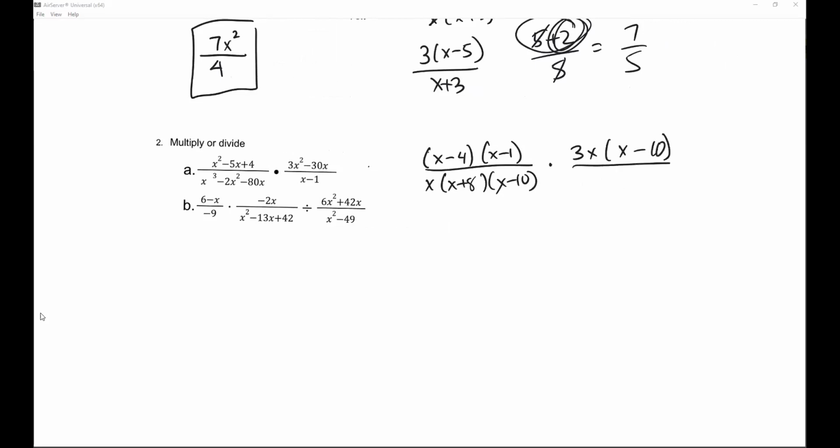Okay, so you could cancel these out. You cancel them as a quantity. So you cancel out the x minus 1s. You cancel out the x minus 10s. You cancel out this x and this x right here. So what's left over is just 3 times x minus 4 over x plus 8. You could also write it like 3x minus 12 over x plus 8.